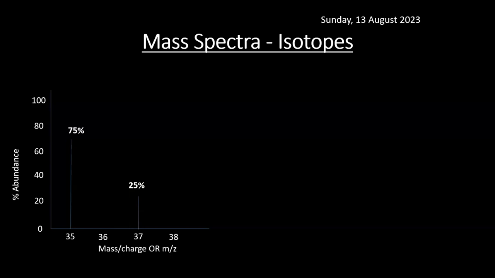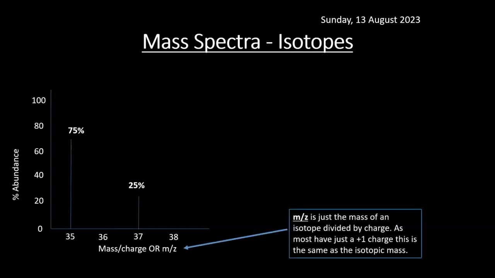The percentage abundance up the y-axis, 75% is isotope 35 and 25% isotope 37. So in other words, in every 100 atoms of this particular element, which happens to be chlorine, 75 of them have a mass of 35 and 25 of them have a mass of 37.